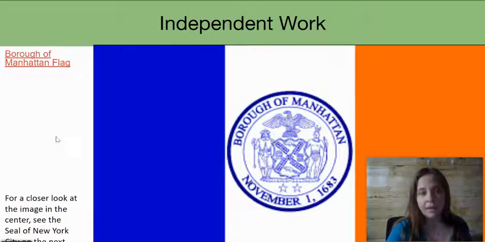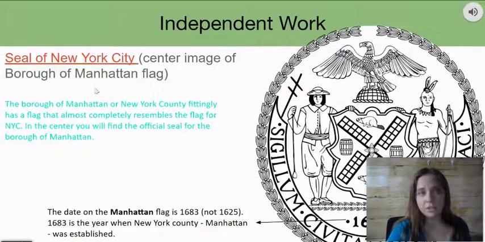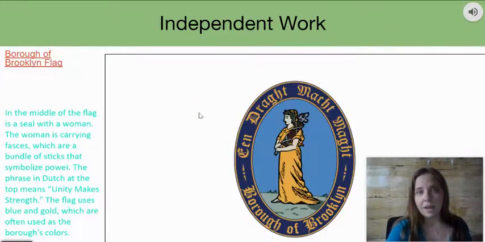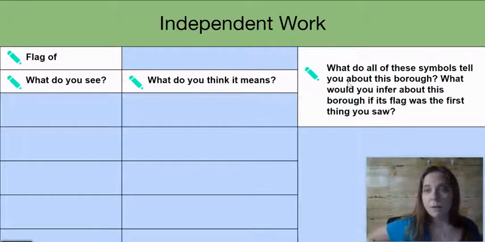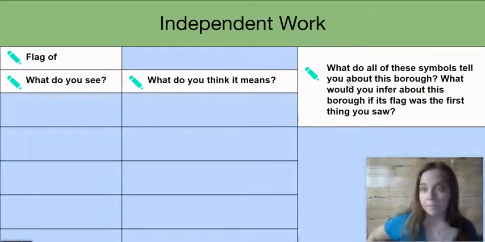So they look at the flag, they look at the images, they read what the images mean, and then they identify what they're seeing, which borough did they choose, and what do they think it means. And then it's having them go into what do all these symbols tell you about this borough? What would you infer about this borough if its flag was the first thing you saw?